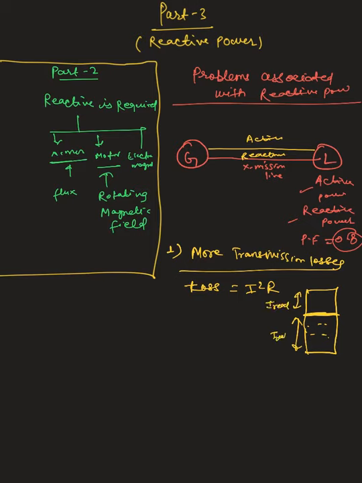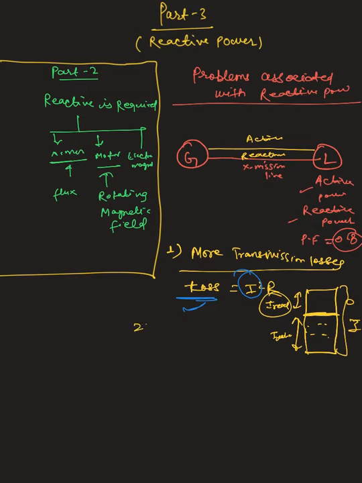So if you are asking both active and reactive power from the grid, that will be the total current. This is the total current that will be flowing through the transmission line. Because of this reactive power the total current is increasing, hence the loss will increase.